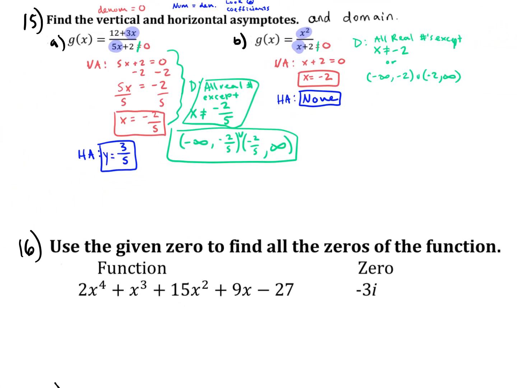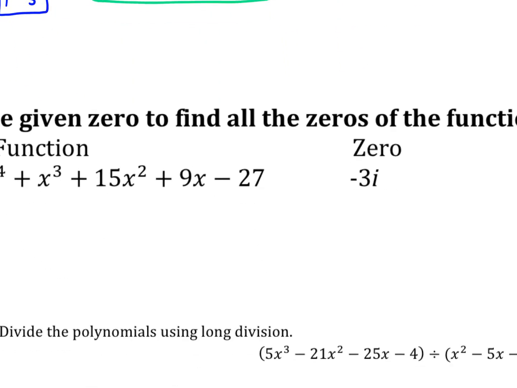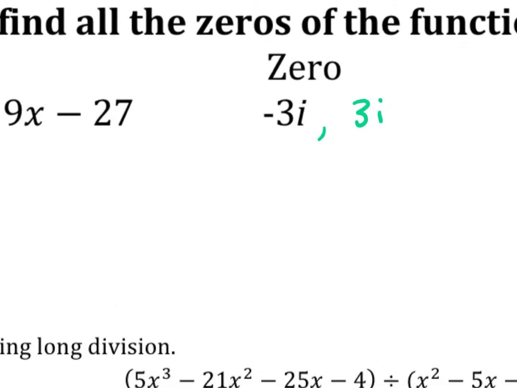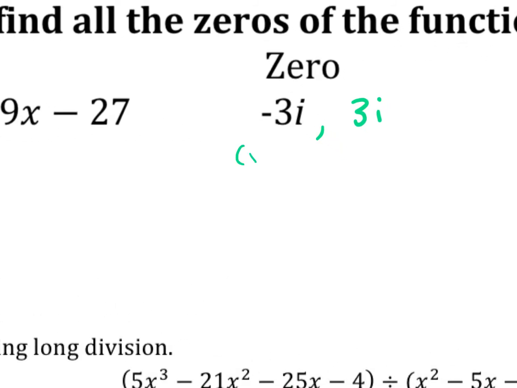All right, let's look at 16. Use the given 0 to find all the zeros of the function. So if I know that -3i is a 0, I also know that 3i is a 0. Because if you have a complex number, its conjugate is also one of your zeros. So this means that I have the factors of x plus 3i and x minus 3i.